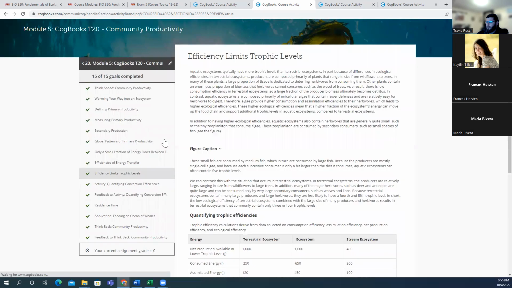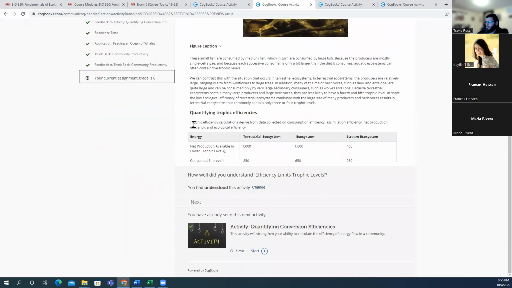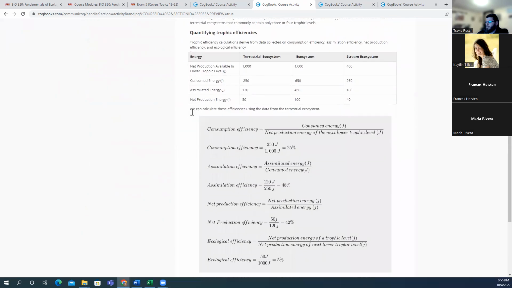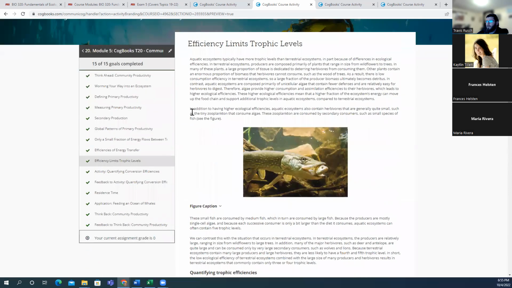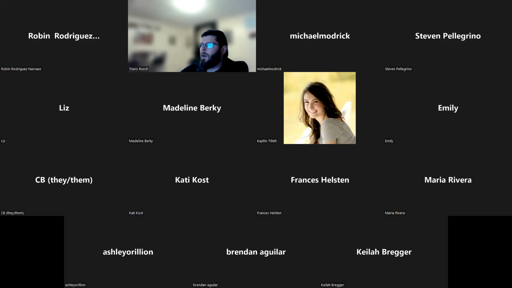Do we need to know the equation for net primary productivity? It's the one right before all the energy equations. Net primary productivity is equal to gross primary productivity minus respiration.